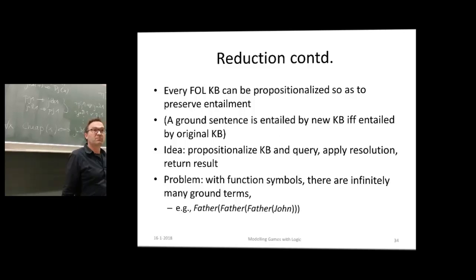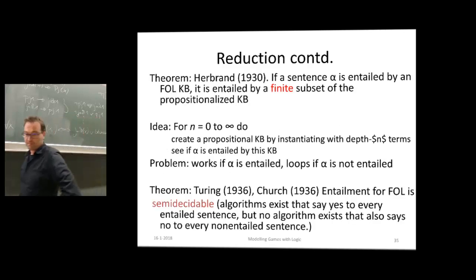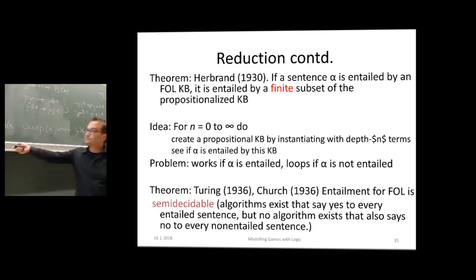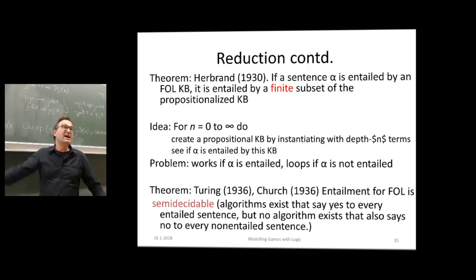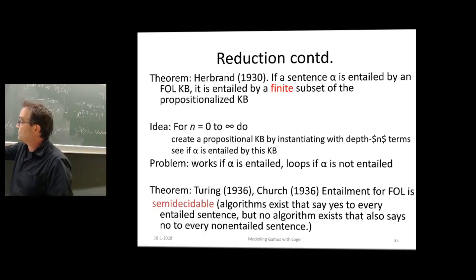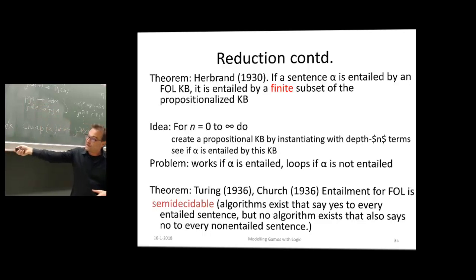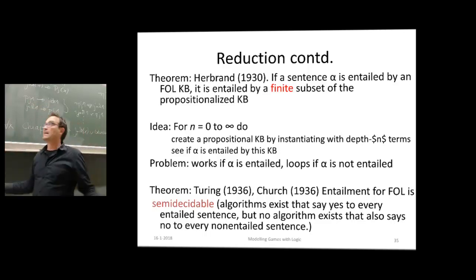That was a way back to the theory that I was talking about. Basically, this is what I just said: Turing showed, with a similar result in the same year by Church, that entailment for first order logic is semi-decidable. So we can, in principle, come up with an algorithm that propositionalizes all the first order logic up to a certain length, but if there are loops and we have to create infinitely many of these knowledge bases, then we cannot apply this algorithm to solve the first order logic problems.